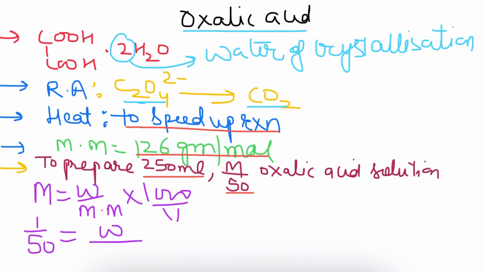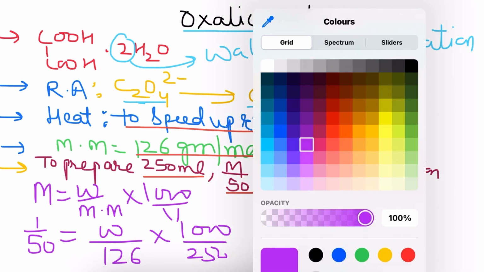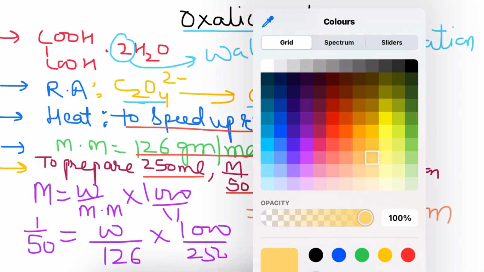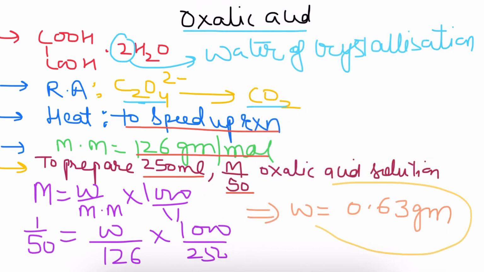Given mass we have to calculate. Molecular mass is 126 and volume we prepare is 250 ml. After calculating, we get W equal to 0.63 gram. It means if you dissolve this 0.63 gram in water, into 250 ml water, then the molarity of the resulting solution will be M/50.